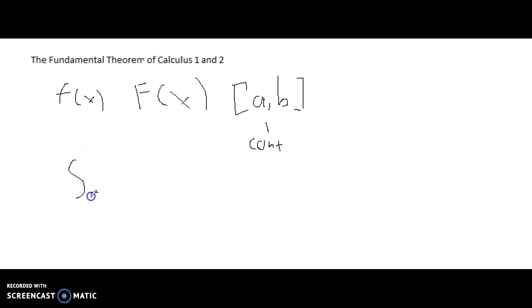The integral from a to b of the normal function of x is going to equal the antiderivative, or big F, of b minus big F of a.